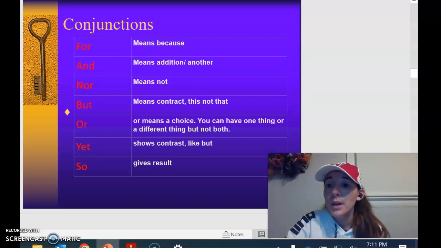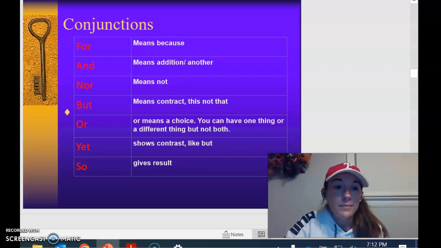So for practically means because, and practically means in addition to or another, nor means not, but means in contrast, this, not that, or means a choice. You can have one thing or a different thing, but not both. Yet shows contrast, like but, and so gives result.